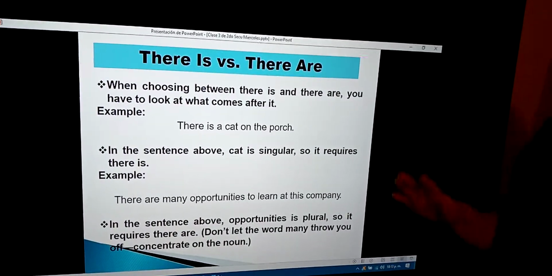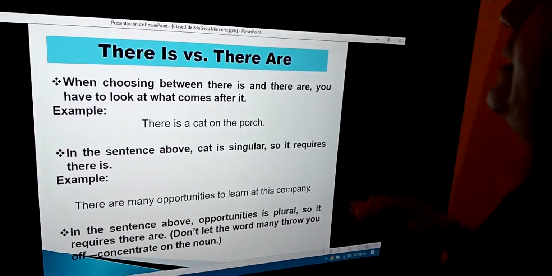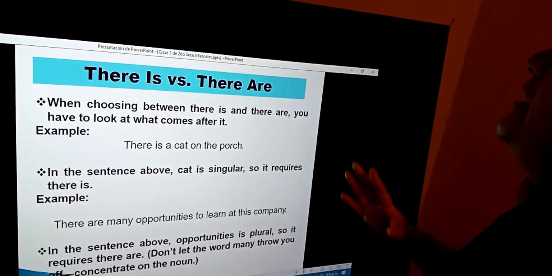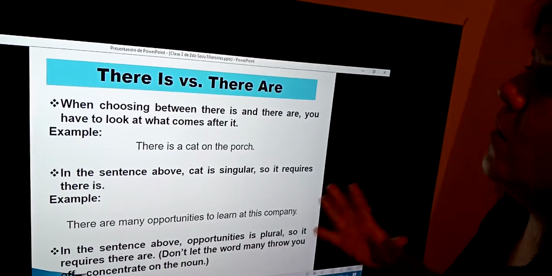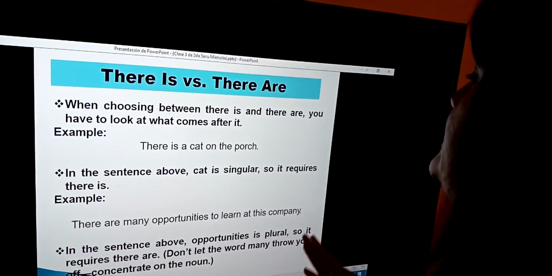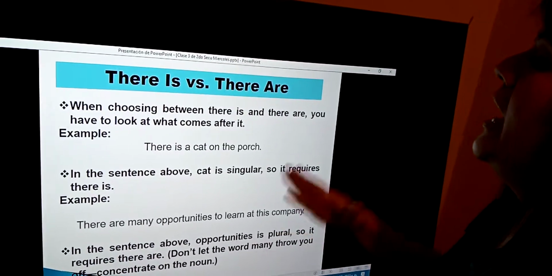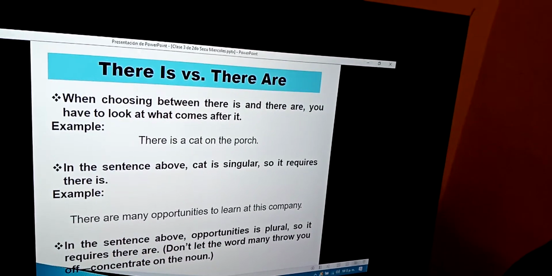Next, there is and there are. When choosing between "there is" and "there are," you have to look at what comes after it.